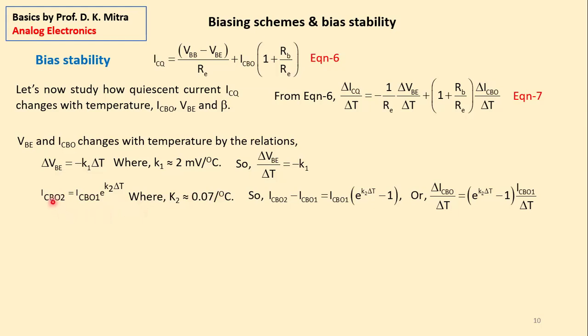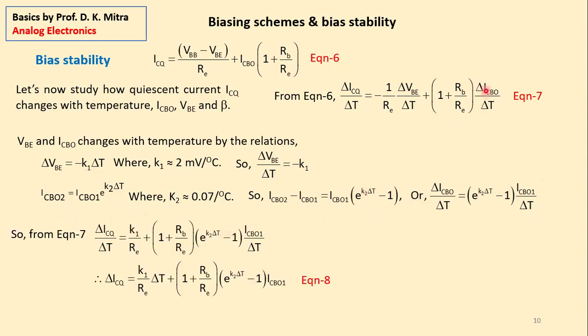So from here we get ICBO2 minus ICBO1, that means the increase in ICBO is ICBO1 times exponential to the power K2 del T minus 1. This is del ICBO. So del ICBO by del T will be ICBO1 by del T into this factor.